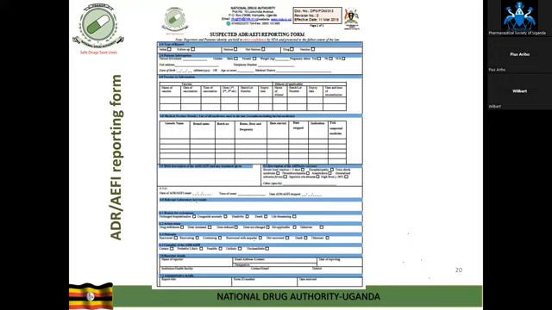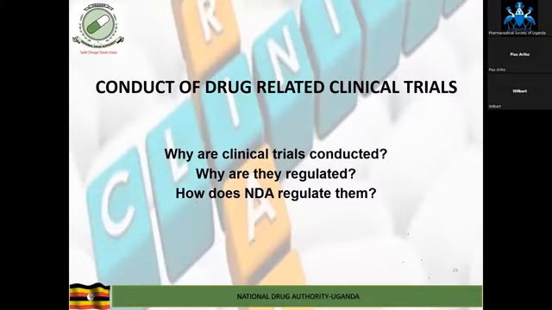And the control of clinical trials relating is that are embedded in the National Drug Policy and Authority Act.